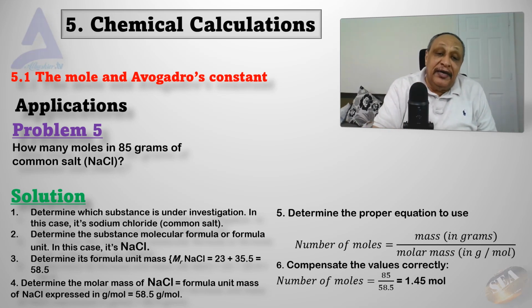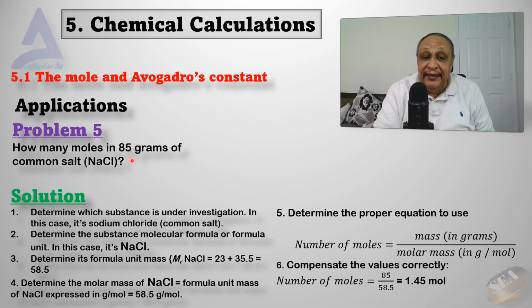Now in this problem we have how many moles in 85 grams of common salt. Common salt is sodium chloride. So determine the substance, it is sodium chloride, and determine the substance's molecular formula or formula unit. In this case it is formula unit and it is NaCl.